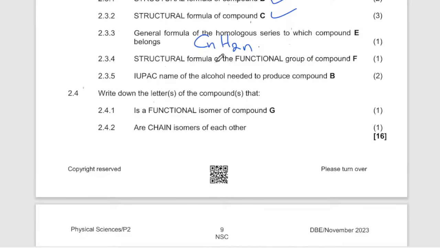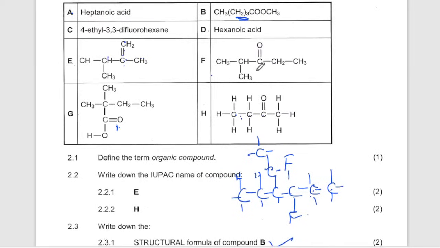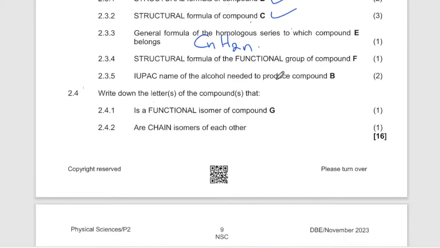Yes. Structure formula for functional group of F. So we go to functional group of F. F is a ketone. Therefore, here you just come and write the structure formula of it. So that's basically what you're supposed to write like that.